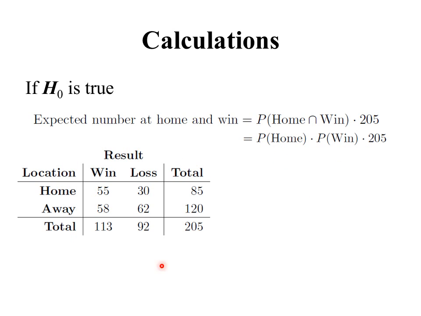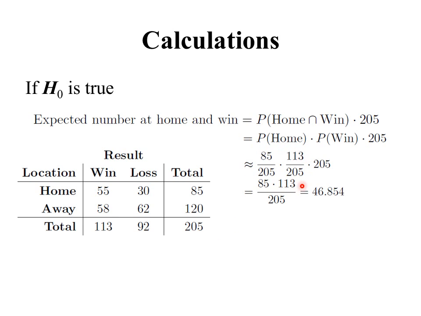Well, now using our information from our table here, we can estimate the values of those two probabilities. The probability of a home game would be the total number of home games divided by the total number of games in our sample, 205. Likewise, the probability of a win would be approximately equal to the total number of wins divided by the total number of games.